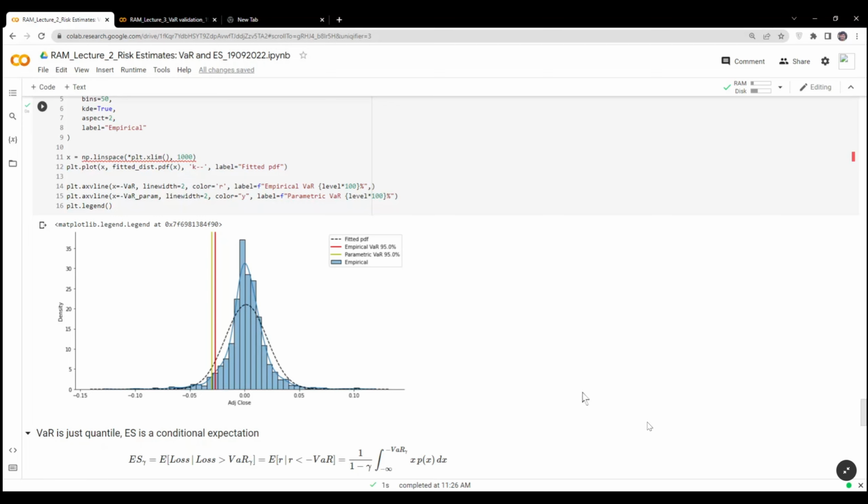But we have to keep in mind that fitting a distribution will mostly deal with the most populated part of the possible returns, and the parameters of this distribution will be mainly determined by the typical observations, so the most probable ones.